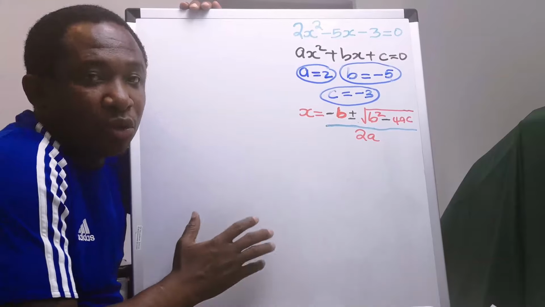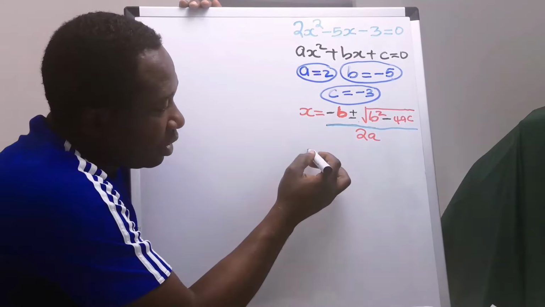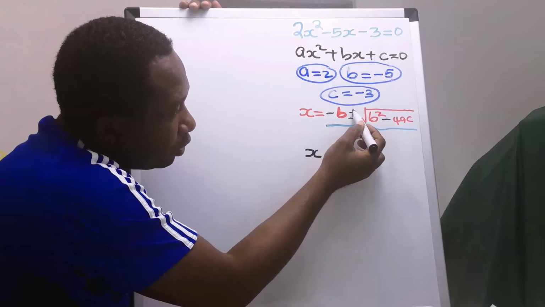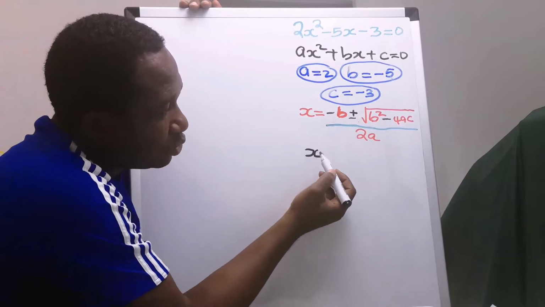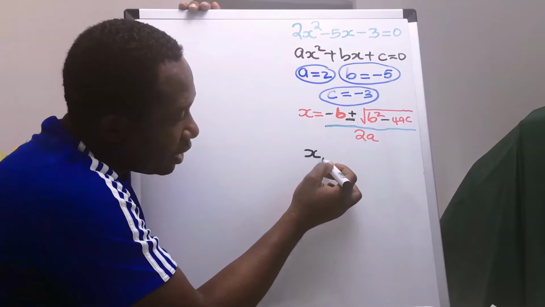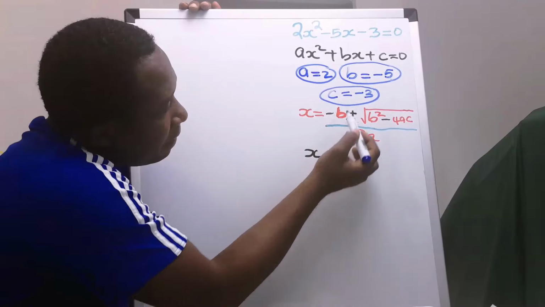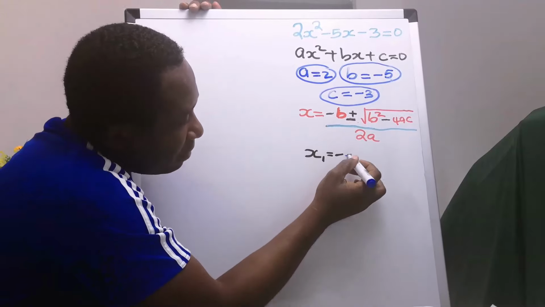Next, we are going to consider the quadratic formula. To find x1, we're going to consider the plus, and to find x2, we're going to consider the minus. For x1, we're going to have minus b, but b is minus 5.